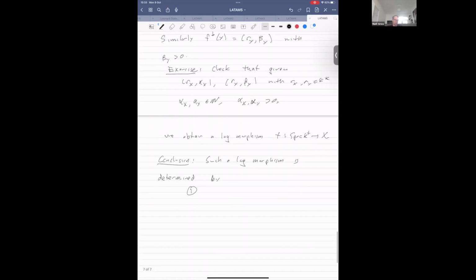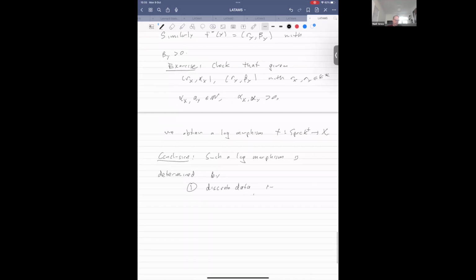One, what I would call discrete data, namely, the pair beta x, beta y lives in N squared, and neither is allowed to be zero, so I'll just write beta x times beta y is non-zero.